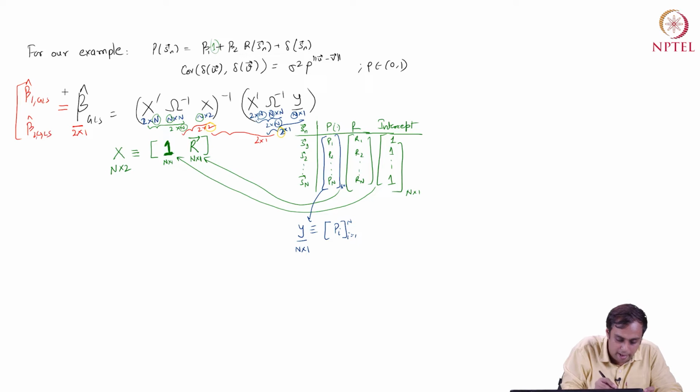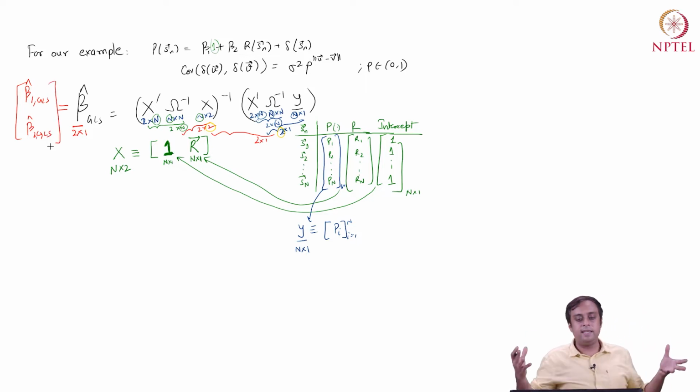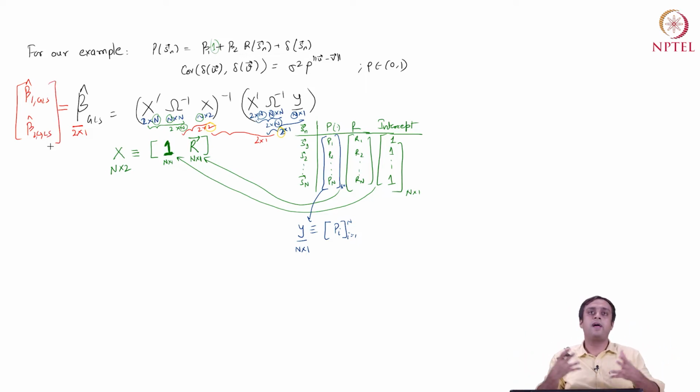So I am very concisely able to summarize the solution for beta hat GLS in this 2 by 1 matrix. We are moving away from the scalar representation to a vector or matrix representation, but they translate really easily, right? It's not so hard at the end of the day.